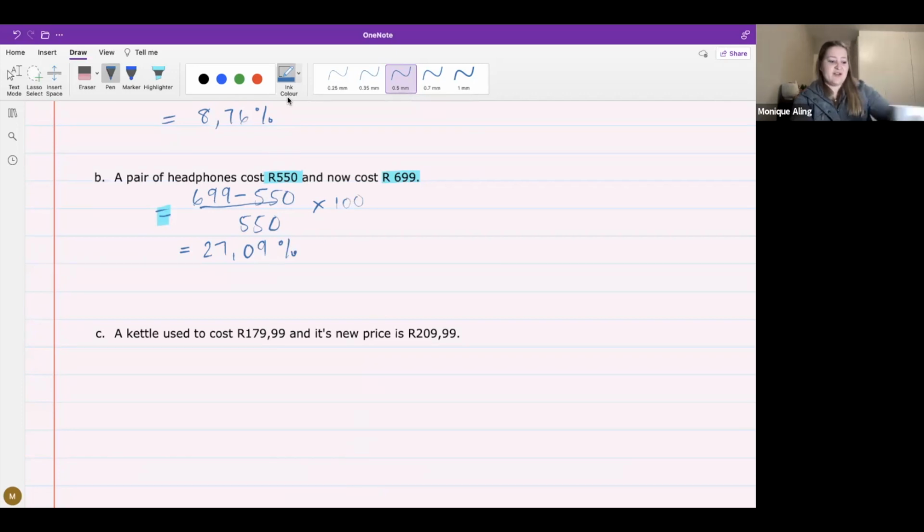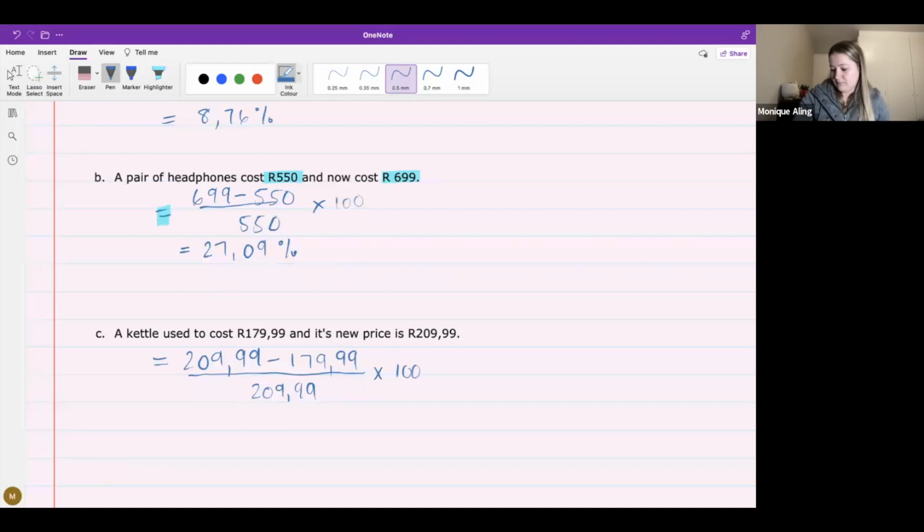Okay, I'm seeing a lot of the correct answers flying in. Well done. All right, so again, new minus old over old. Now we get an answer of 16.67%.